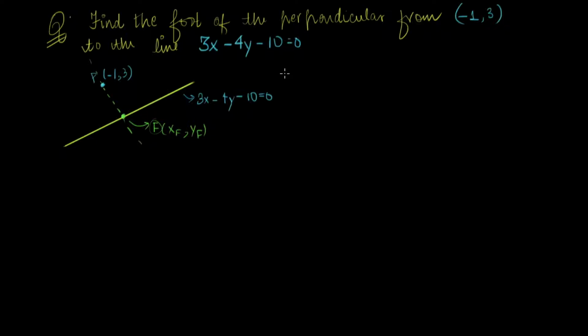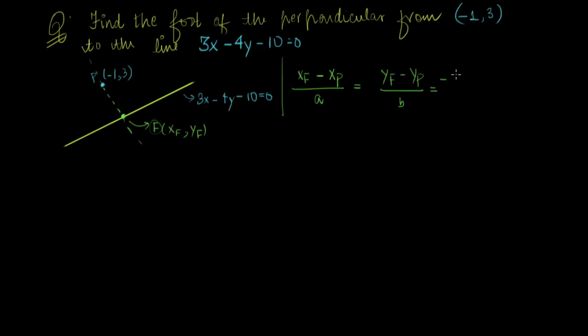If you look at the previous videos, we had found out that our coordinates are related by the following relation. x_f, the x coordinate of the foot of the perpendicular, minus x_p, divided by the coefficient of x, which is a, should be equal to y_f minus y_p divided by the coefficient of y in the line, which is b.